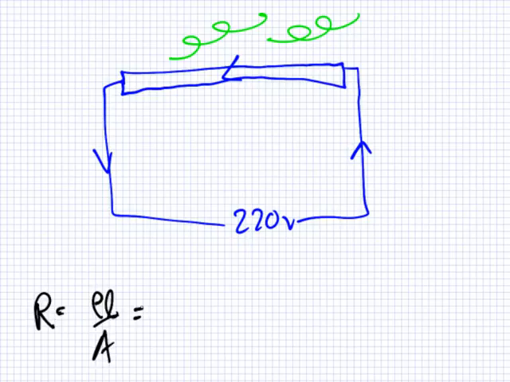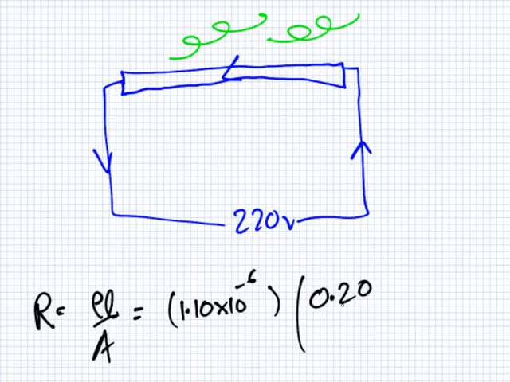So I saw you were looking, Sohi. Can you tell me what the value is for the nichrome? 1.10 times 10 to the minus 6. Okay. And what did I say the length was? 20 centimeters? What formula is this? The only formula I gave you today. Okay.